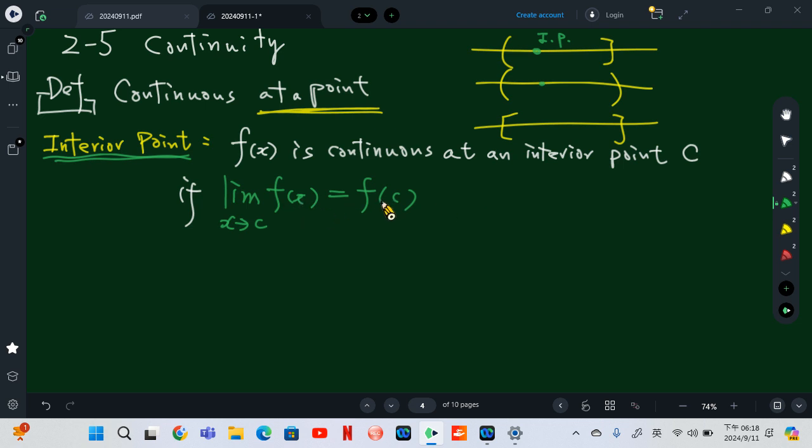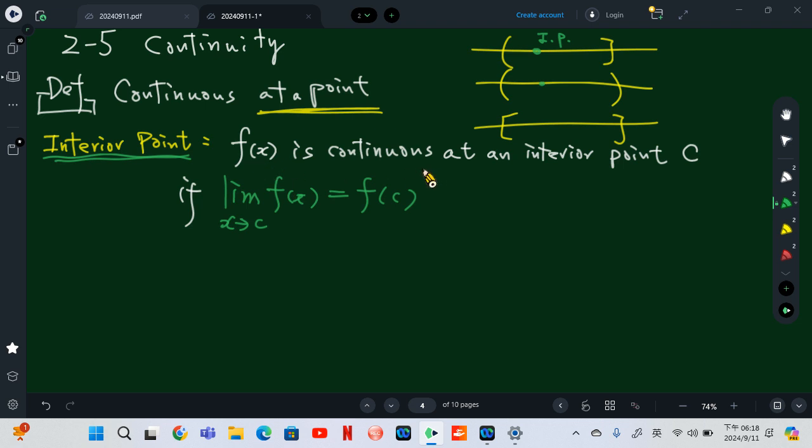But as I showed you in the previous case, this is not always equal to this one. These two values are the same only when the point is continuous.